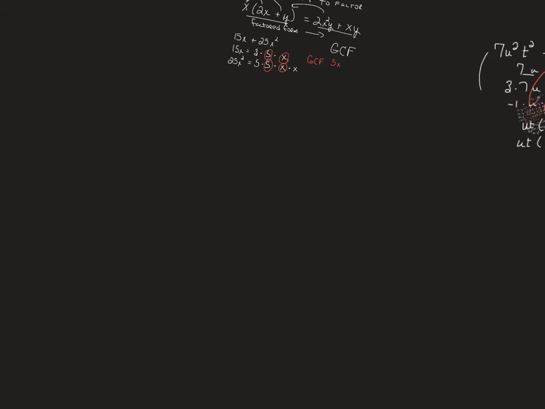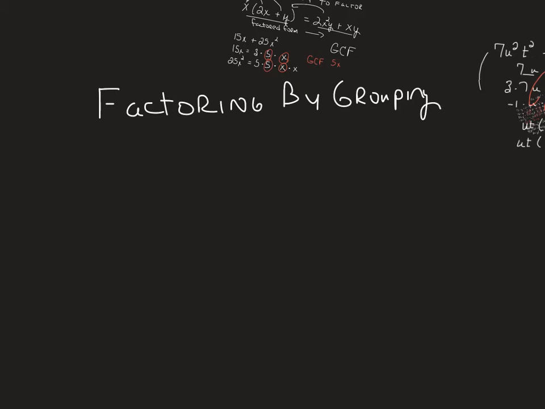So we're going to look at factoring by grouping. And there are some prerequisites to factoring by grouping. Still going to be using the distributive property, but when we factor by grouping, it has to have 4 or more terms.